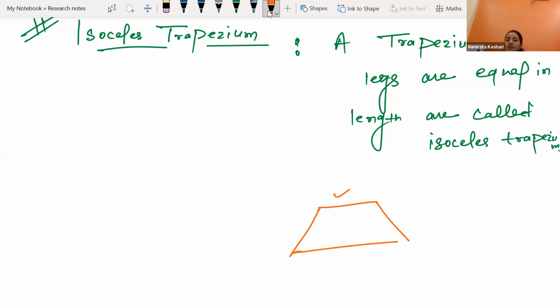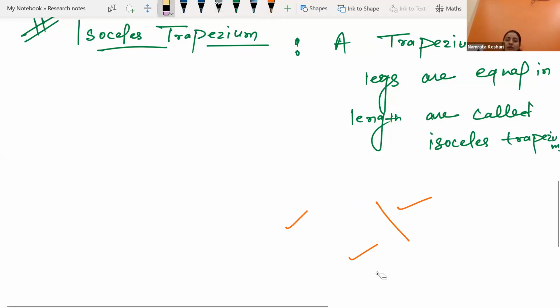This is different, this is different, this is different. That is called the normal trapezium or scalene trapezium. In the basic trapezium there is no criteria that the sides are equal, so that's why we are not discussing it.